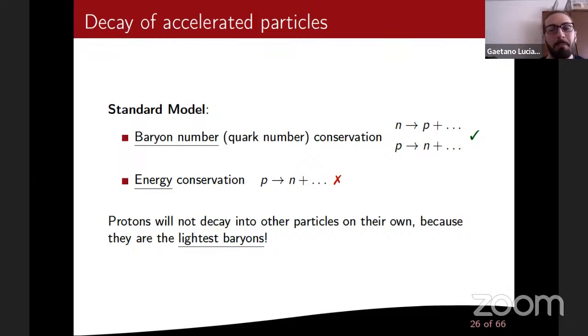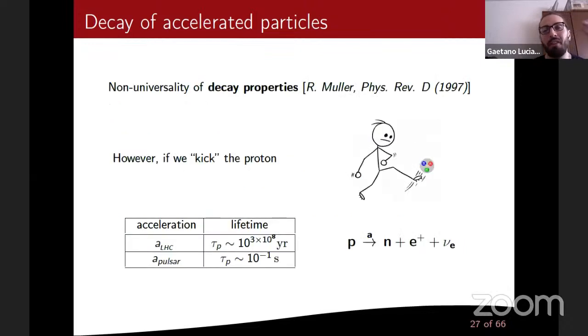Static proton, okay? But what happens if we kick the proton, if we accelerate the proton, if we give enough energy to the proton to overcome the mass difference between proton and neutron? Well, in principle, this process is not forbidden anymore, and this is usually called the inverse beta decay.